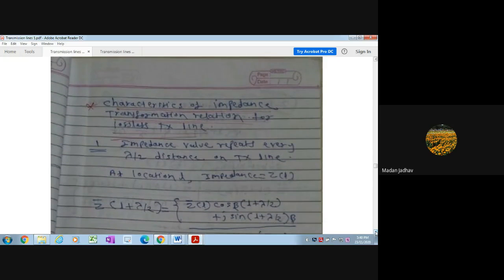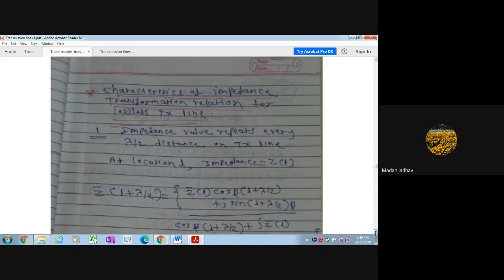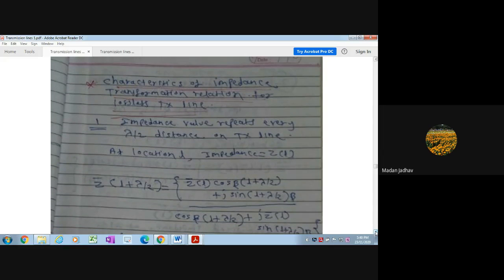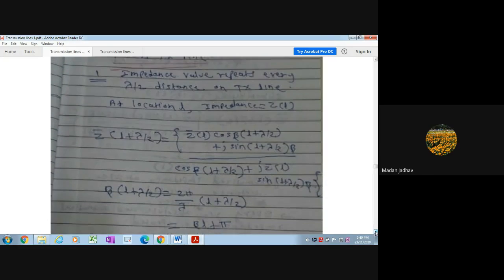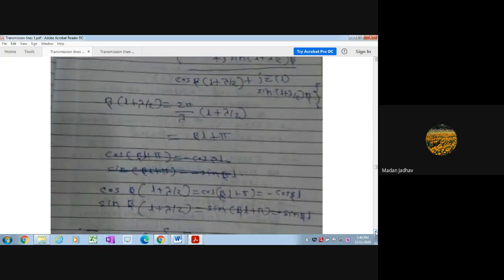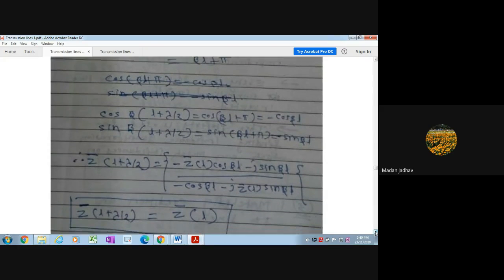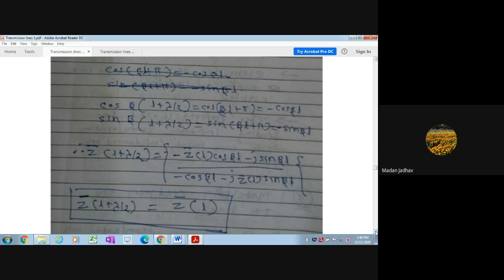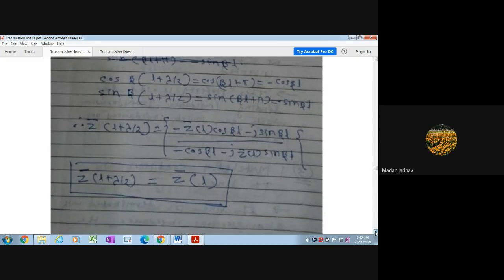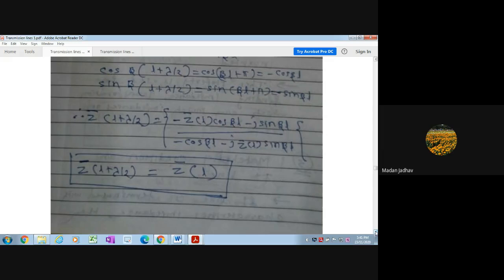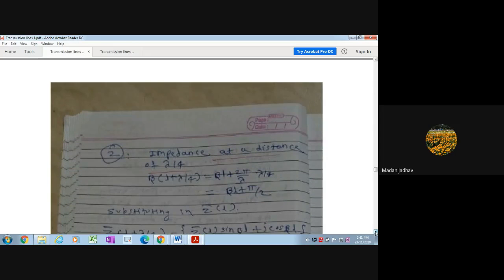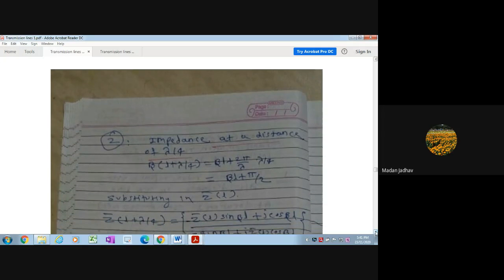Now what are the characteristics of the impedance transformation relation for a lossless transmission line? We just have to remember them. The impedance along the transmission line is repeated after a distance of lambda by 2. This is the first characteristic. The second characteristic is that the impedance at a distance of lambda by 4 is inverted.